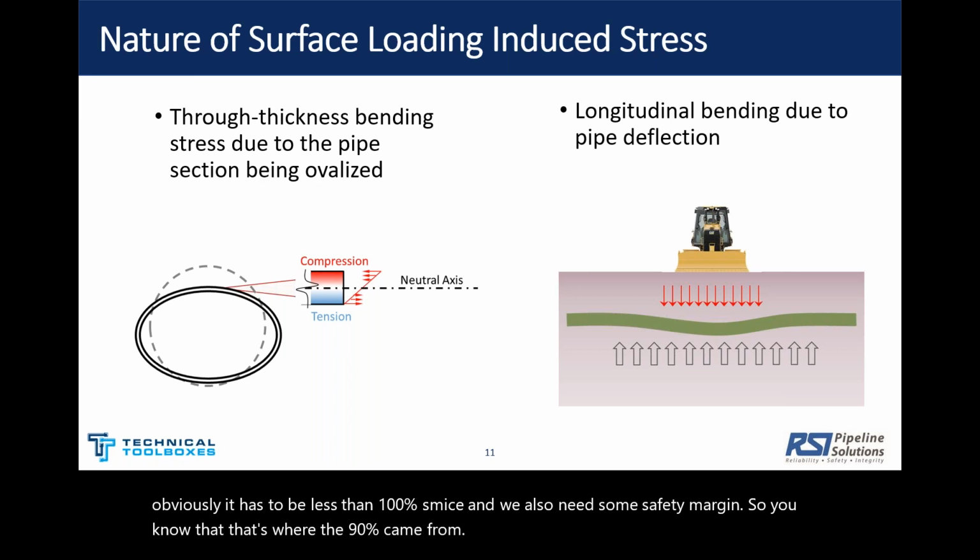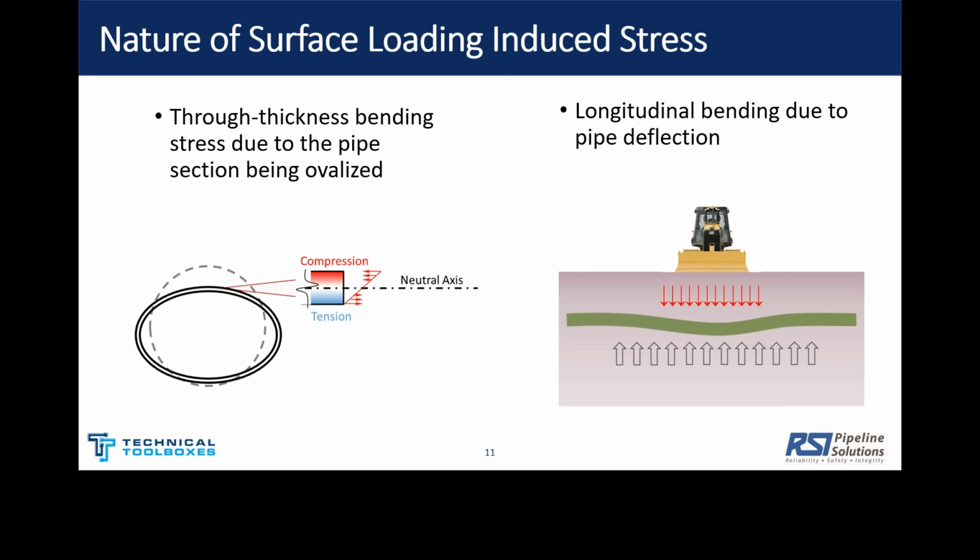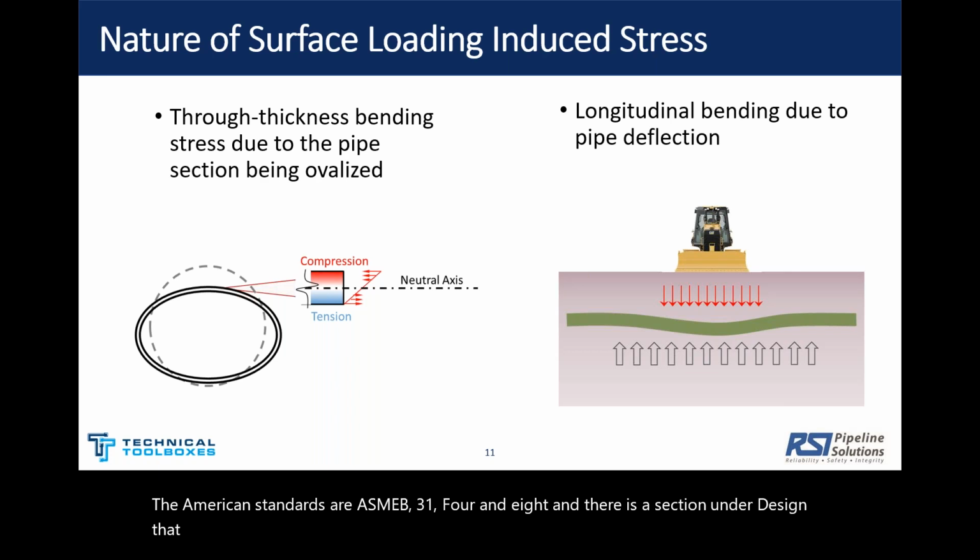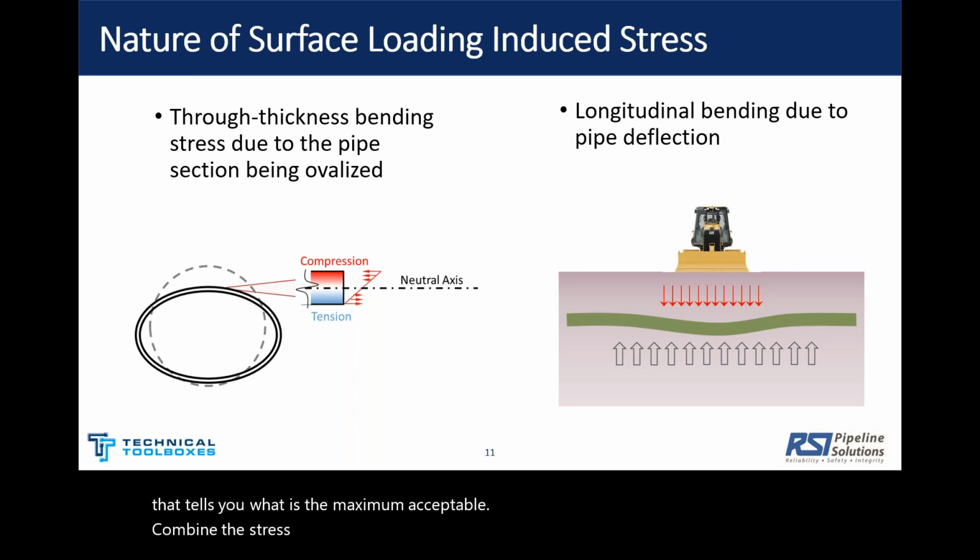Okay, a similar question. Can you tell us the specific reference or standard for Canadian and ASME limits of 72% and 90% SMYS combined stress? Yes, the American standards are ASME B31.4 and B31.8. There is a section under design that tells you the maximum acceptable combined stress. The combined stress used in ASME B31.4 or B31.8 is the von Mises stress.